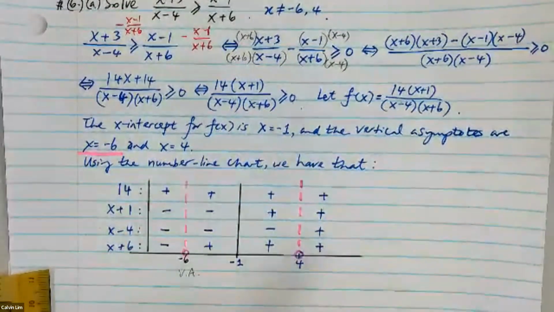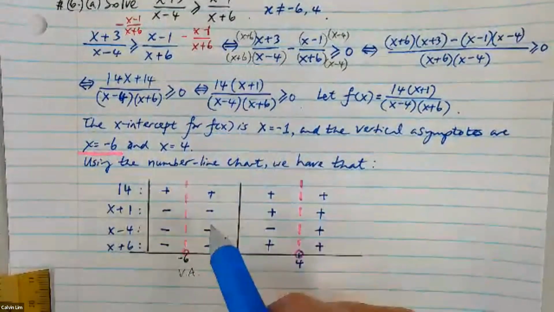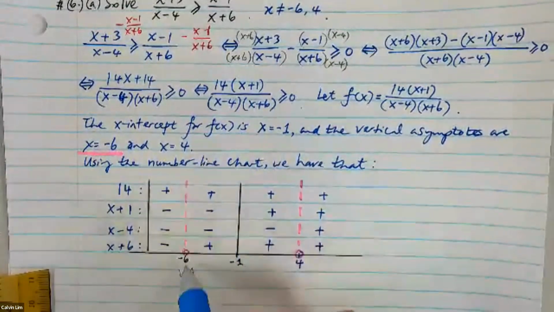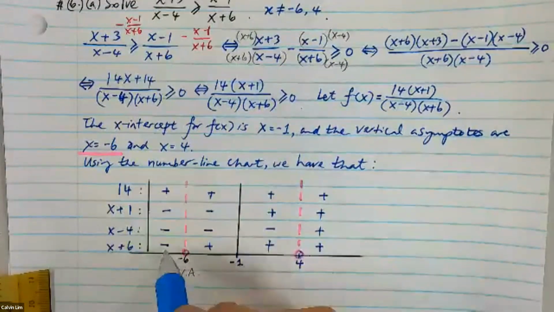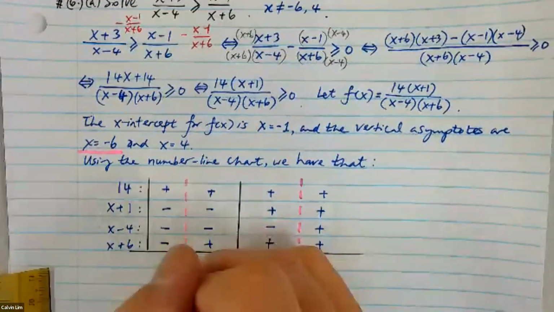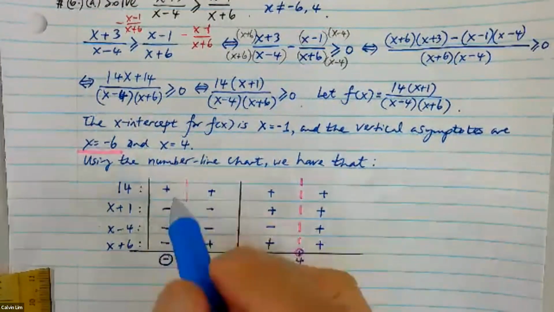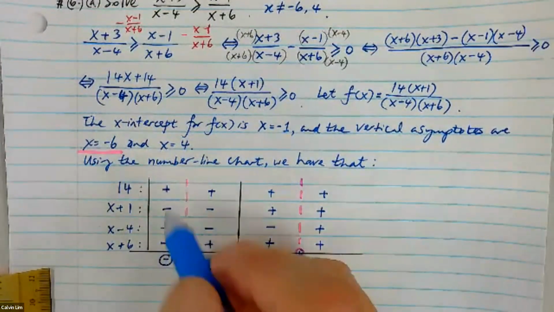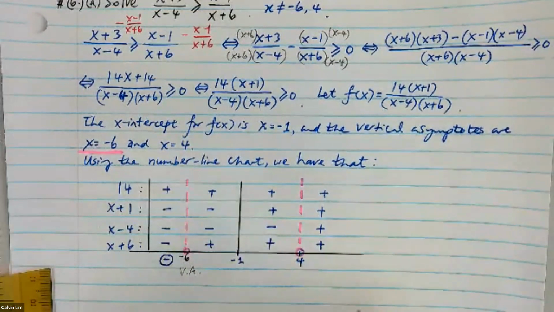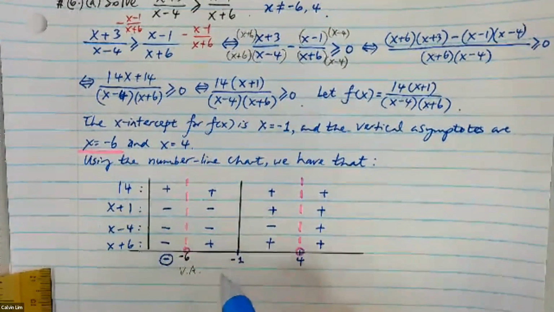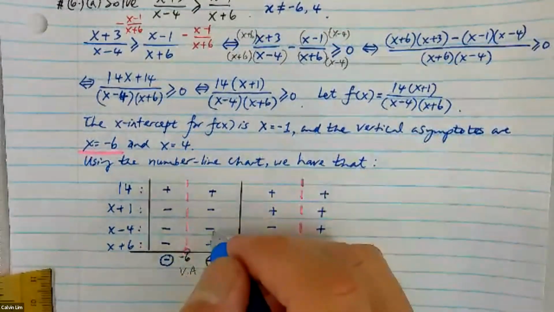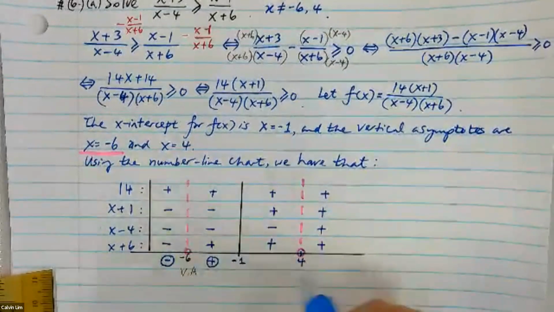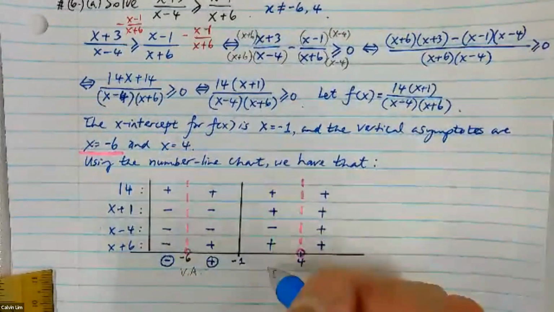So the net result for each region: when x is less than -6, negative times negative times negative is negative. Between -6 and -1, negative times negative is positive. Between -1 and 4, it's negative.